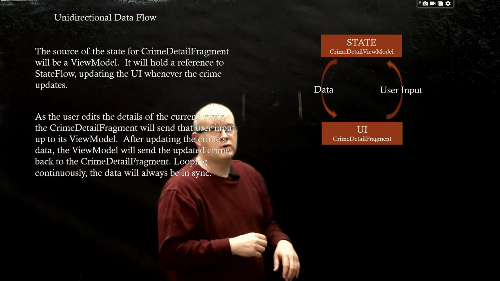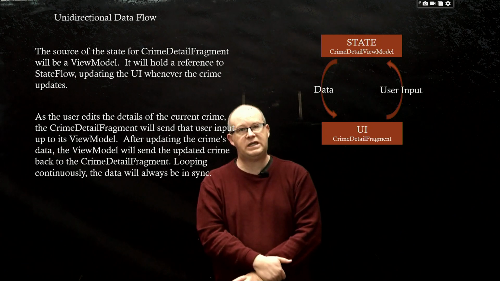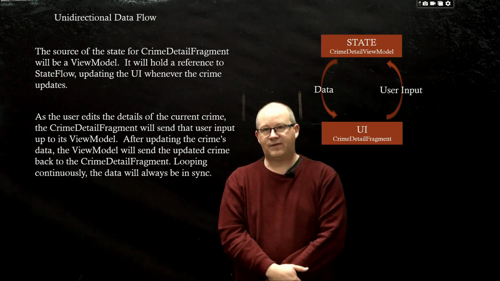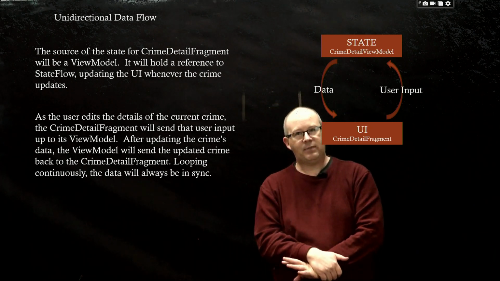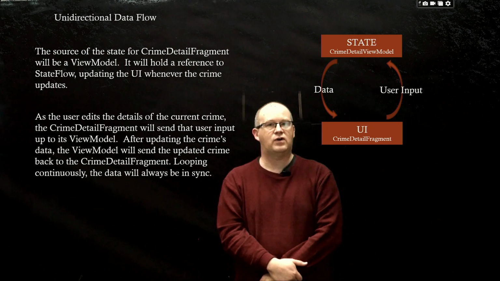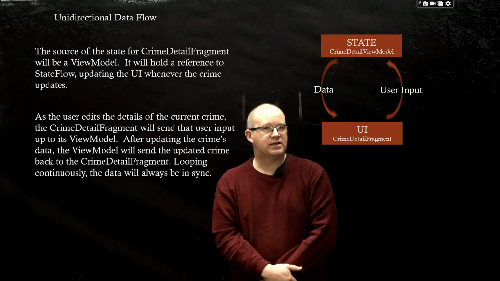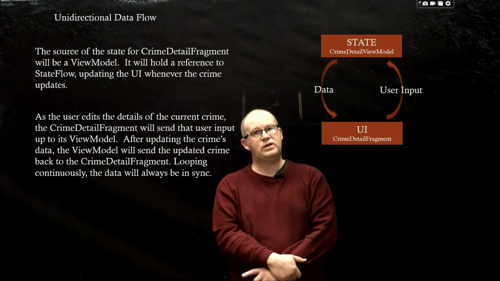So the source of our state for the crime detail fragment is going to be a view model. We have to create that class. It's going to hold a reference to a state flow, and it's going to update the user interface whenever a crime updates. As the user edits the details in the current crime, the crime detail fragment will send that user input to the view model.